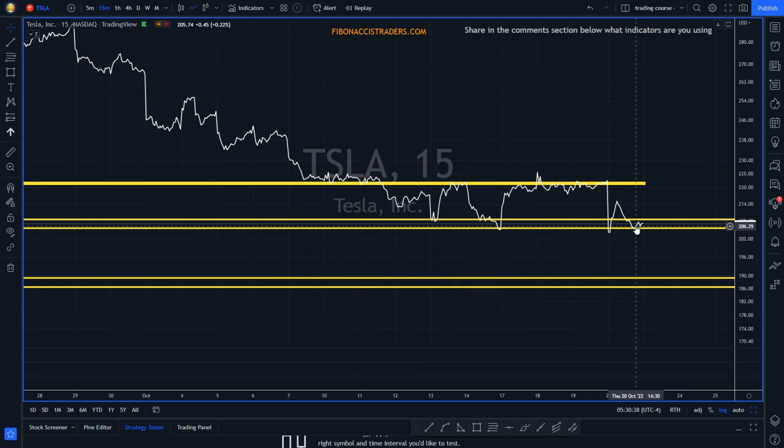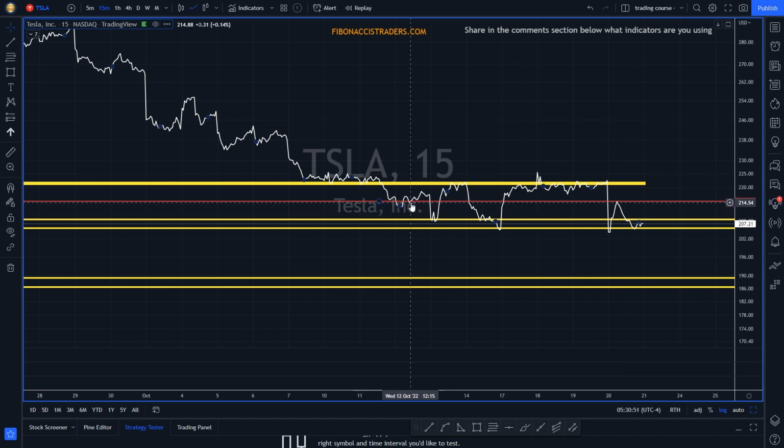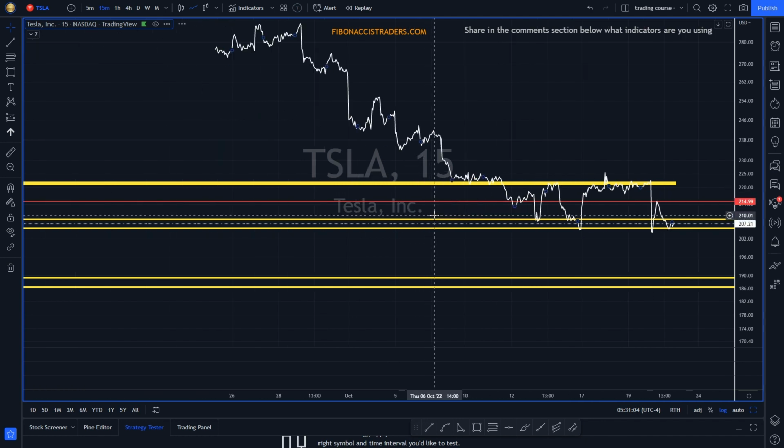Now where do I put my stop? I look left and I see this area here. Let's mark it with a line and look left. Is it strong enough? Suppose it is, because in October, price just hovered around it until it broke down.